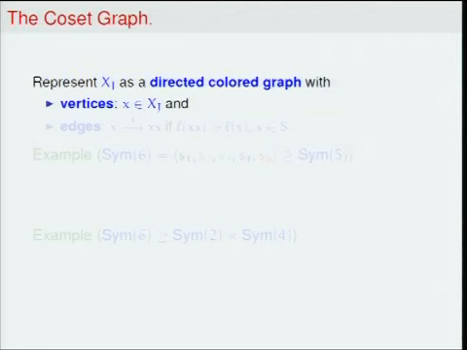To get a feeling for how these sums of coset representatives behave, it's sometimes useful to have a graphical representation of them.